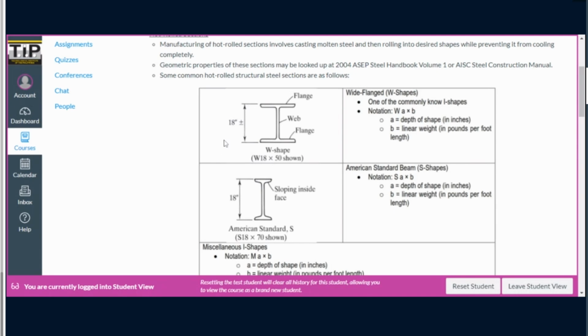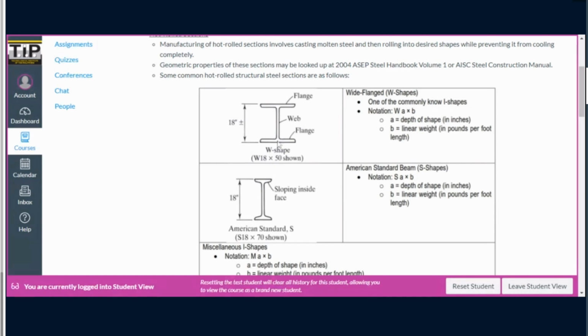How about the other number, 50, the letter B? B stands for the linear weight or linear mass of the shape in pounds per foot of length. For example, for W18 by 50, if you have 1 foot of this section, it weighs 50 pounds.